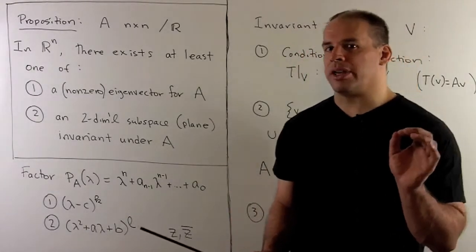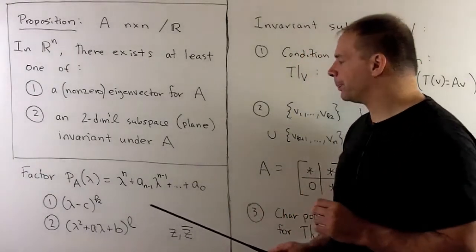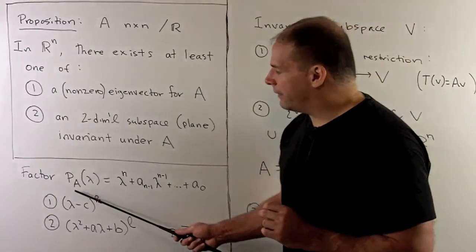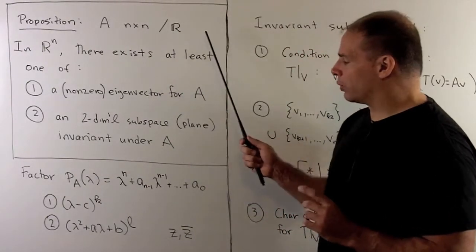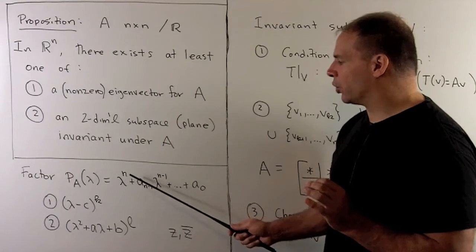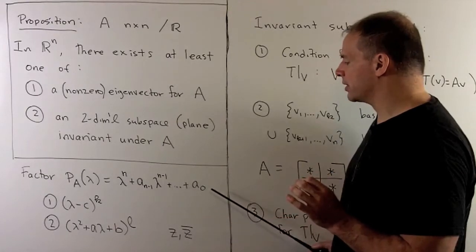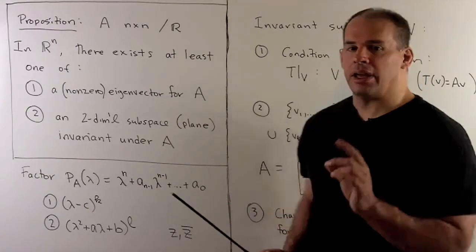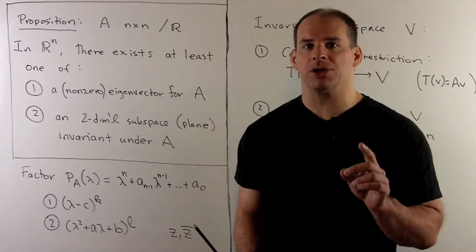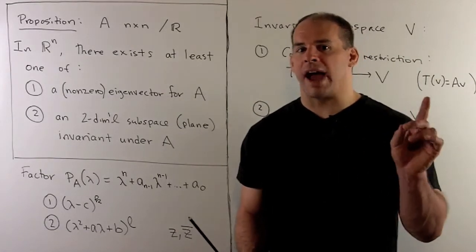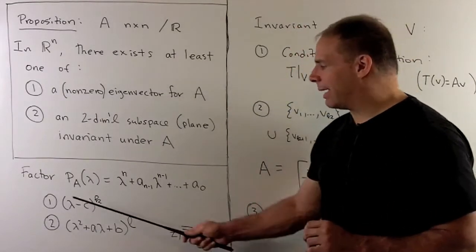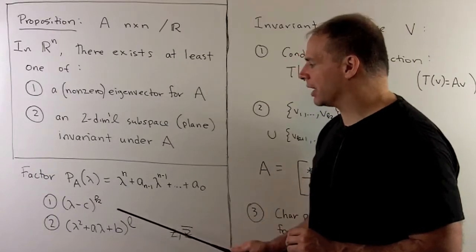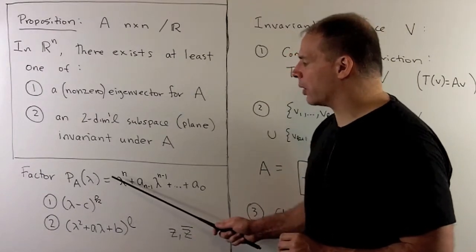Now, let's take a look at the characteristic polynomial. If A is a matrix with real entries, then this is going to be degree n with real coefficients. If we factor over the complex numbers, then all of our factors are going to be of the form lambda minus c, where c is a complex number, raised to some exponent.